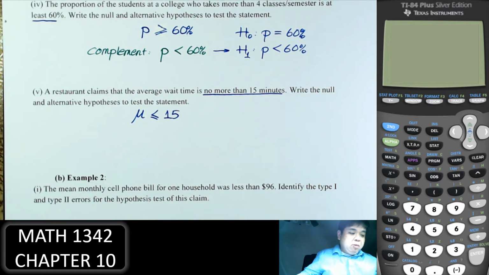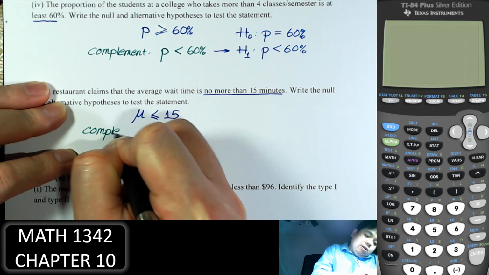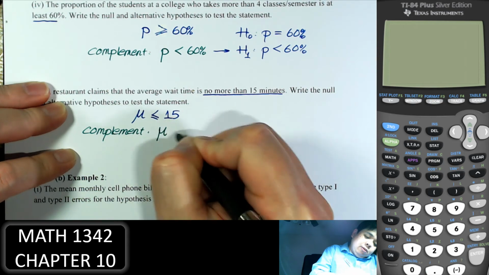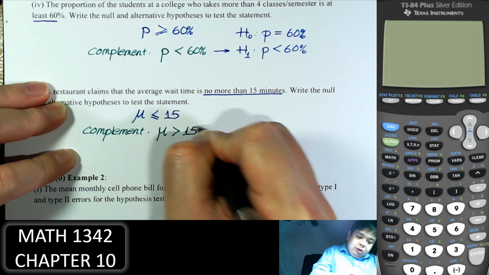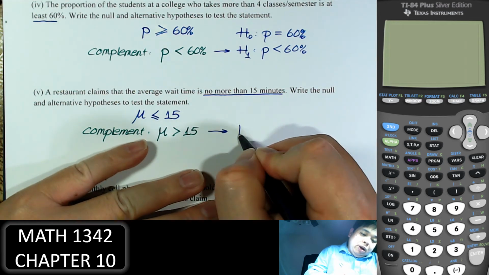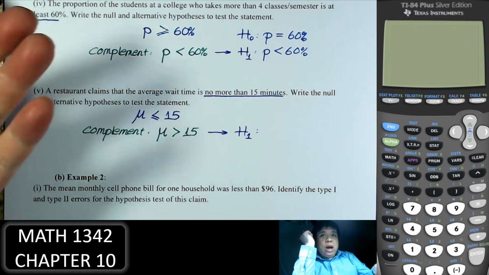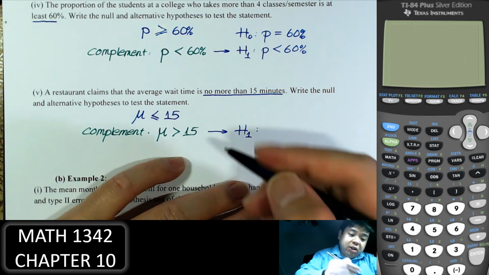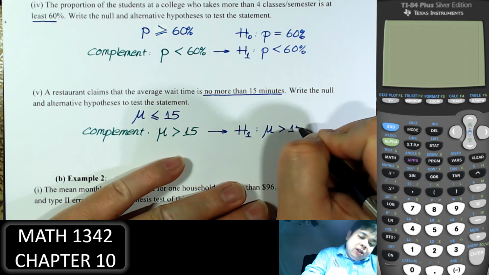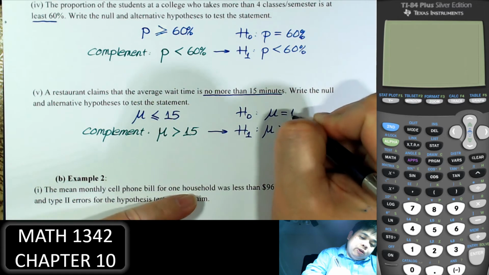We have to write the complement where it does not have the equal sign, and whichever doesn't have the equal sign will be H1. So when we write the statement, if it has the equal sign, we have to write the complement, so it does not have the equal sign. And then we say the mean is greater than 15, and the H naught, the null hypothesis, is always equal to 15.